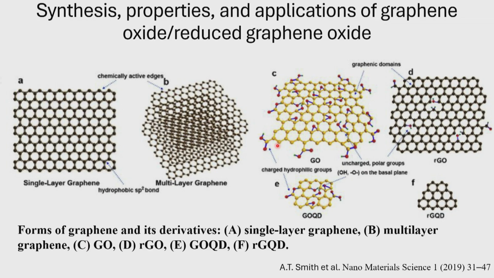Sometimes this sp2 hybridized carbon will interact with oxygen and form an epoxy group, OH group, or COOH group. That is called graphene oxide. After that, if you use different kinds of chemicals or heat energy, we can remove some of this oxygen and form the reduced graphene oxide layer.